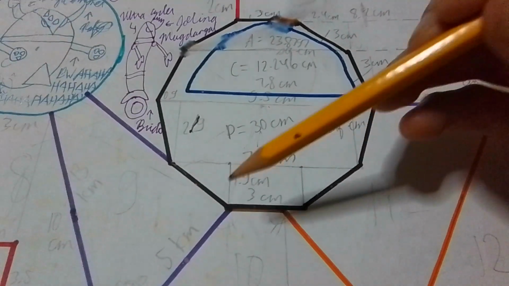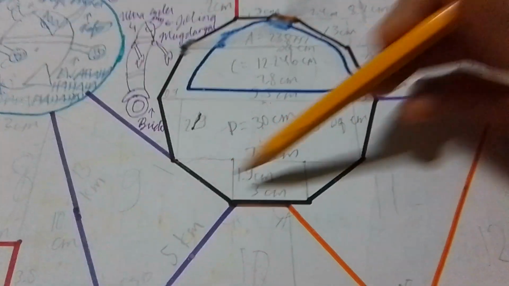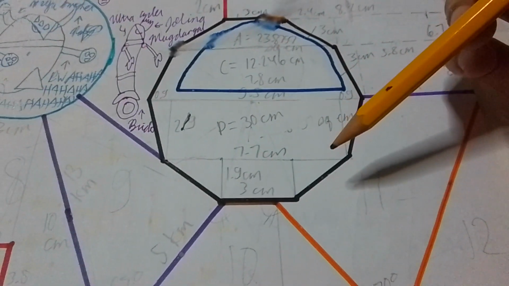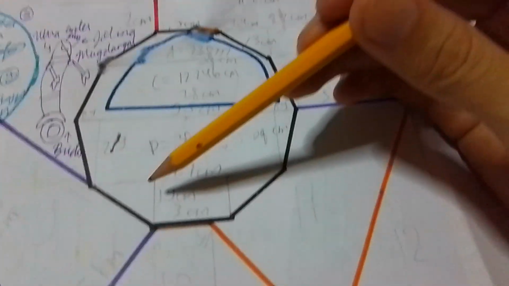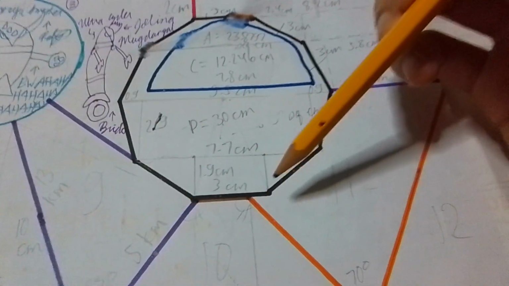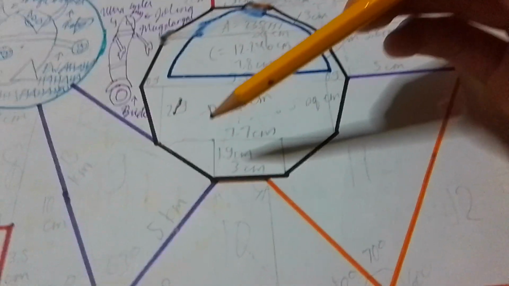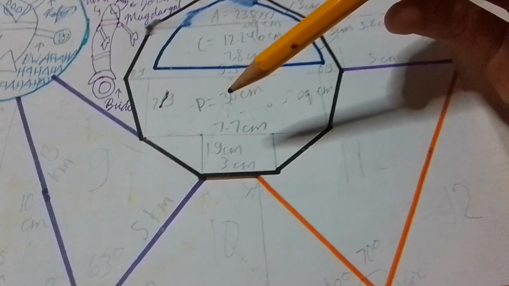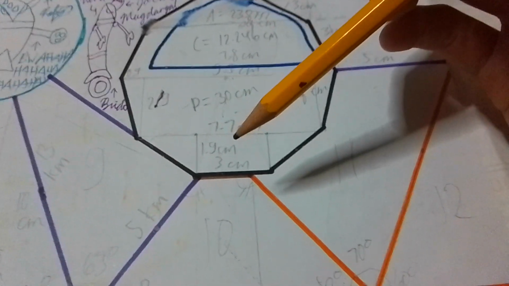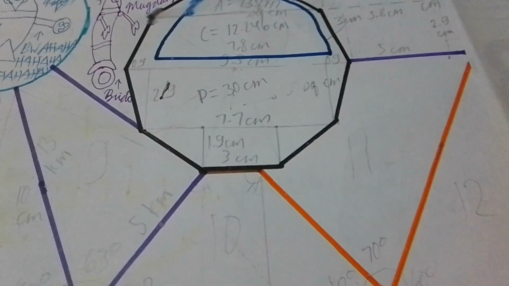First of all, we need to get the measure of these two lines, since these two triangles that you see right over here are congruent. So 7.7 minus 3, so we will just get only this and this. But they're congruent, so divide by 2. Tama? So 7.7 minus 3 is 4.7. Tama? 4.7 to.